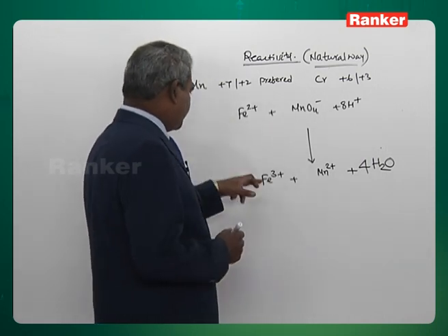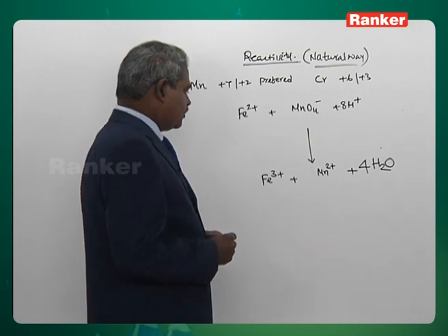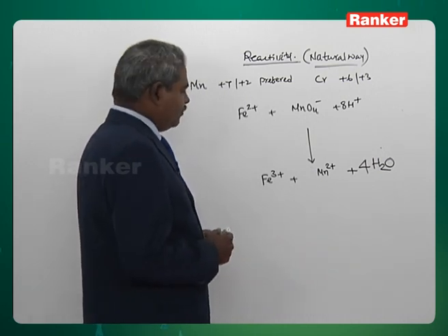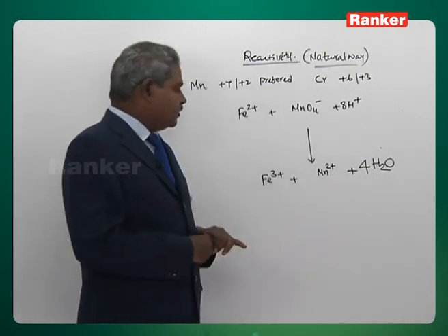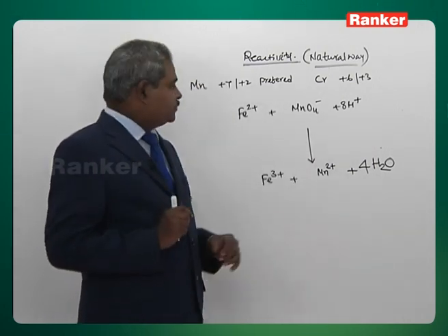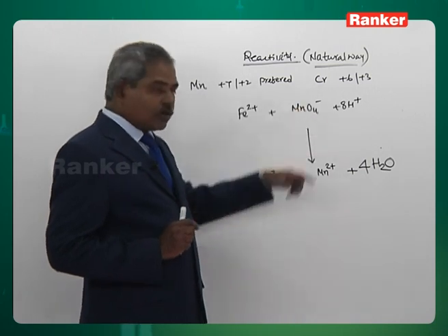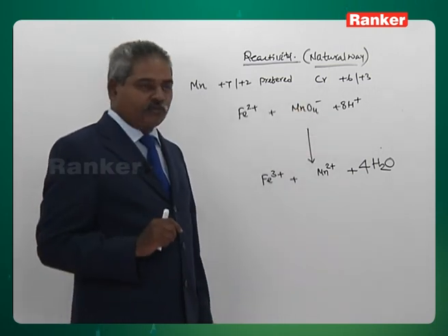So, ferrous wants to become ferric, permanganate wants to become Mn2 plus and 4H2O. So, since manganese is giving 2 electrons, MnO4 minus, this electron also comes from potassium, K plus MnO4 minus.